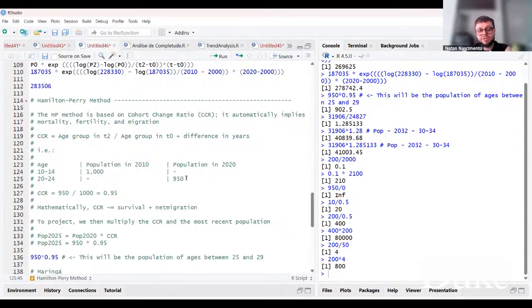But if you don't, then this is the best method that already accounts for that. And it's a good projection also for population when we need to do studies on epidemics or pandemics because it gives us a more real scenario. So this is a good one to create those small area projections that can be affected by a pandemic or an epidemic.